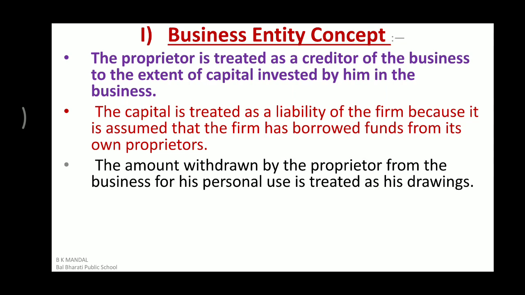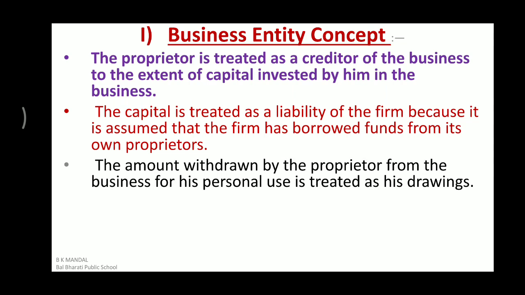So the capital which is invested by the owner in the firm is treated as a liability from the firm's point of view, because it is assumed that the firm has borrowed funds from its own proprietor.